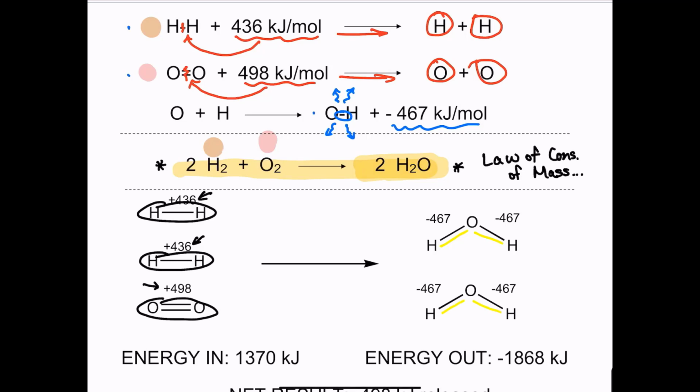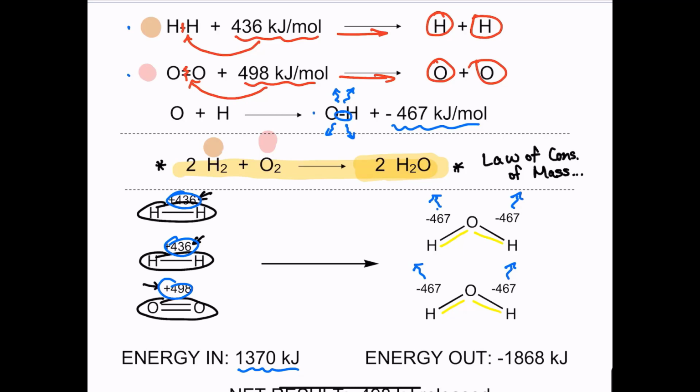And so as a result, that releases 1, 2, 3, 4 amounts of that 467 kilojoules. So if you add up this guy, and this guy, that amounts to 1,370 kilojoules of energy that you have to put in.